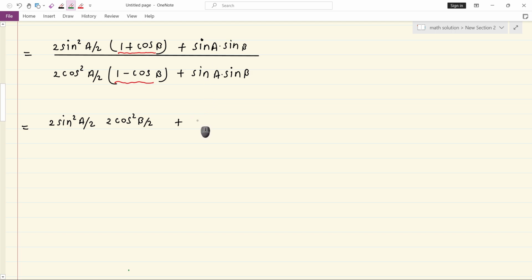In place of sine A, we are going to write 2 sine A by 2 dot cos A by 2. Similarly, in place of sine B, what are we going to write? 2 sine B by 2 dot cos B by 2.